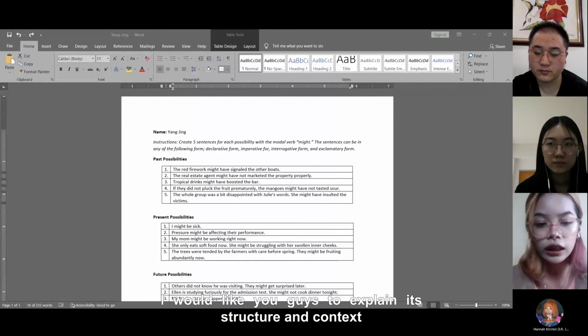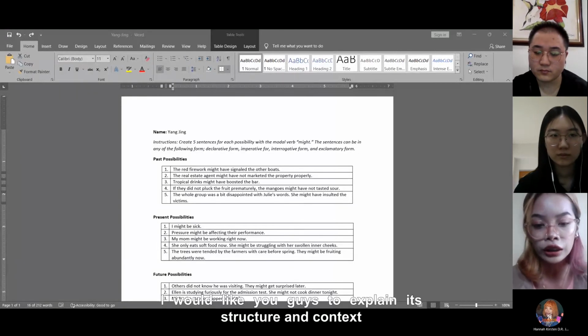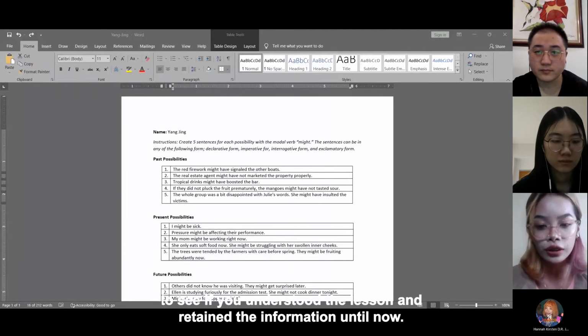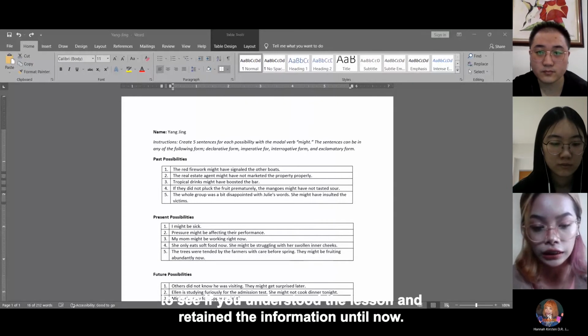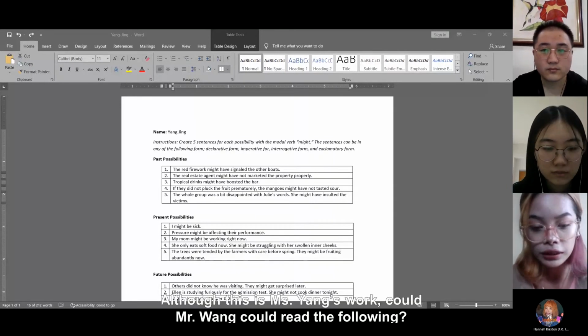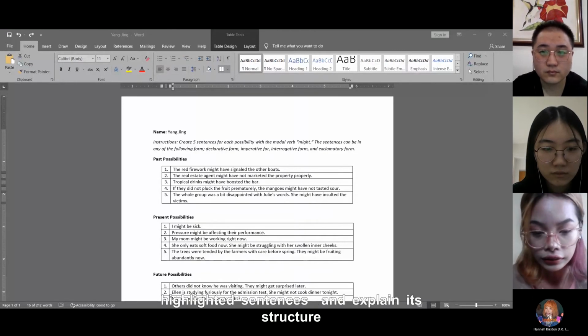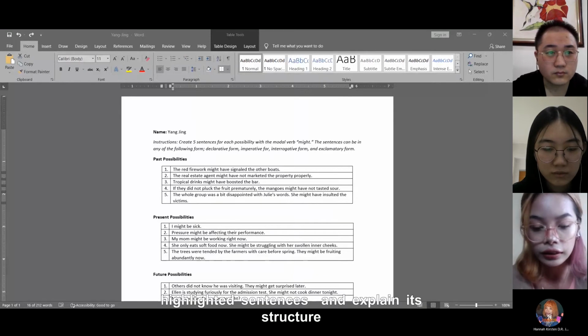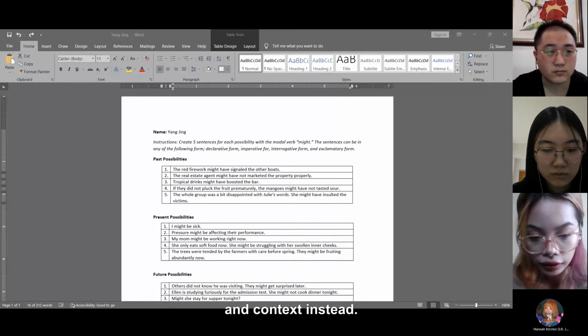I would like you guys to explain its structure and context to see if you understood the lesson and retained the information until now. Although this is Miss Yang's work, could Mr. Wang read the following highlighted sentences and explain its structure and context instead?